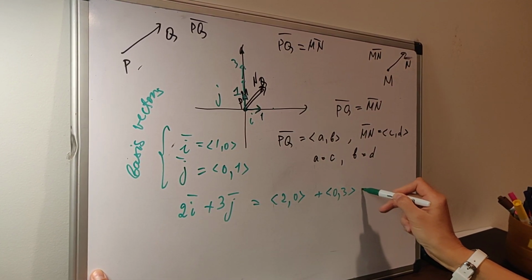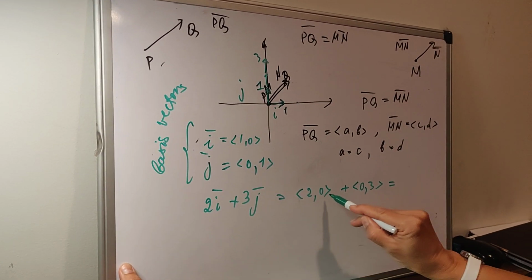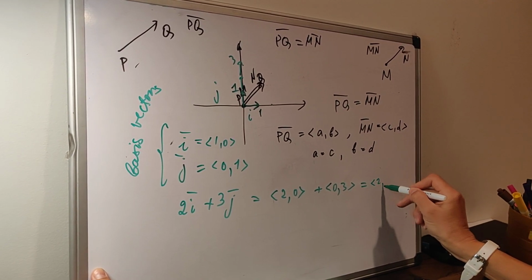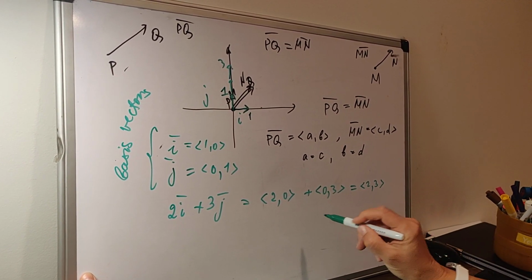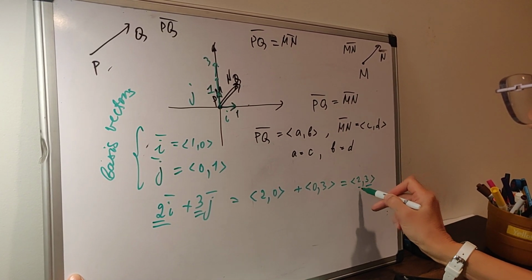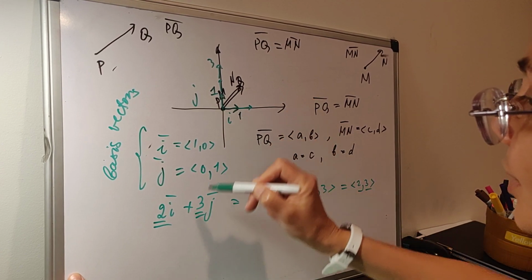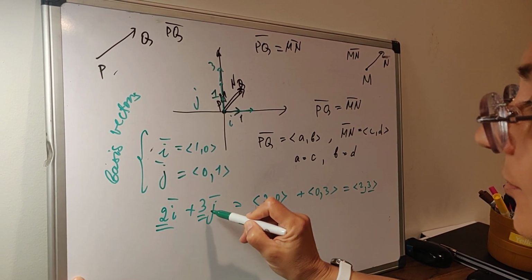If I add these two vectors, like coordinates, I'm going to have 2, 3. So actually I'm going to have the very same numbers here as the position vector.